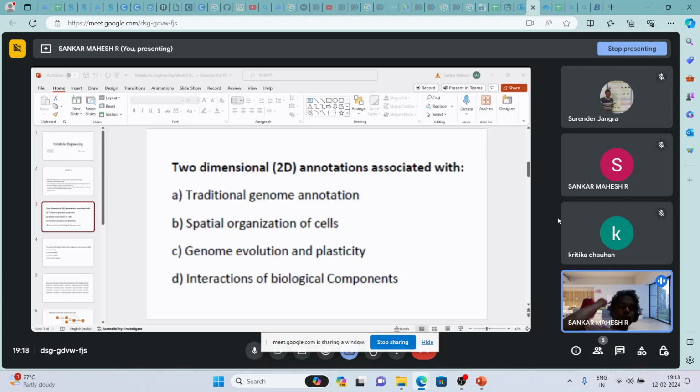This is the 1D genome annotation. The 2D genome annotation is, apart from assigning a function to a gene, you also try to identify if there could be any interactions between genes that have similar or common functions. So here we try to identify interactions, which is interaction of biological components. Option D.